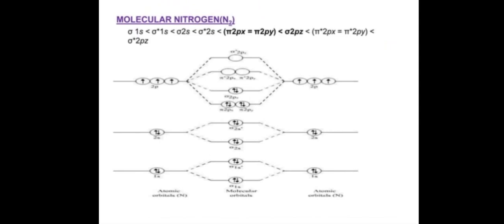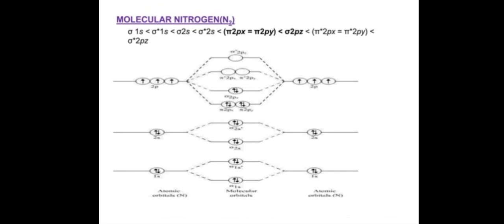Nitrogen molecule has pairs of electrons, because all molecular orbitals are completely filled with electrons, therefore it exhibits diamagnetic property or diamagnetic nature.